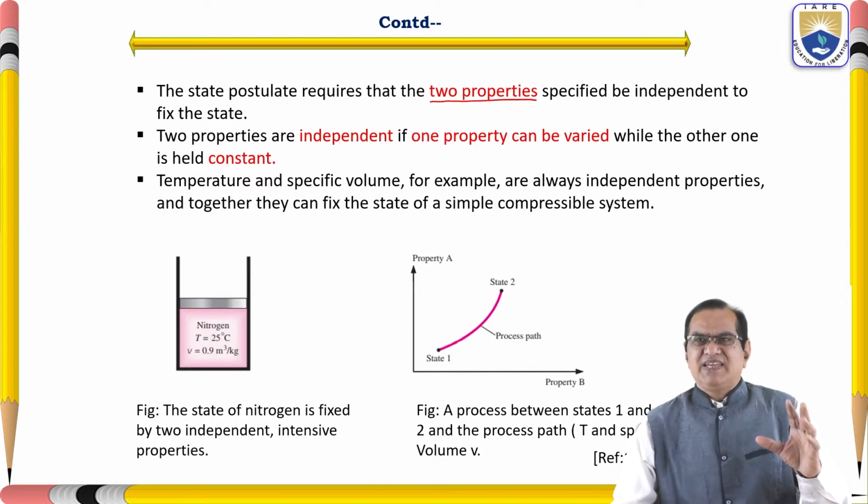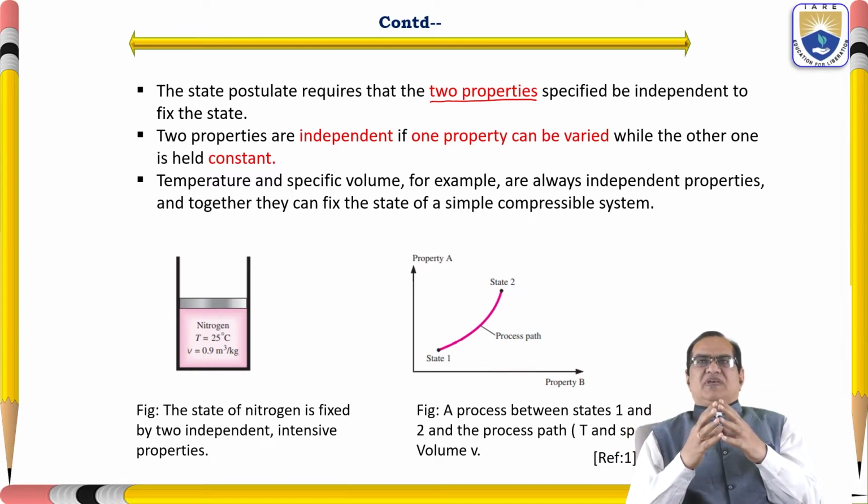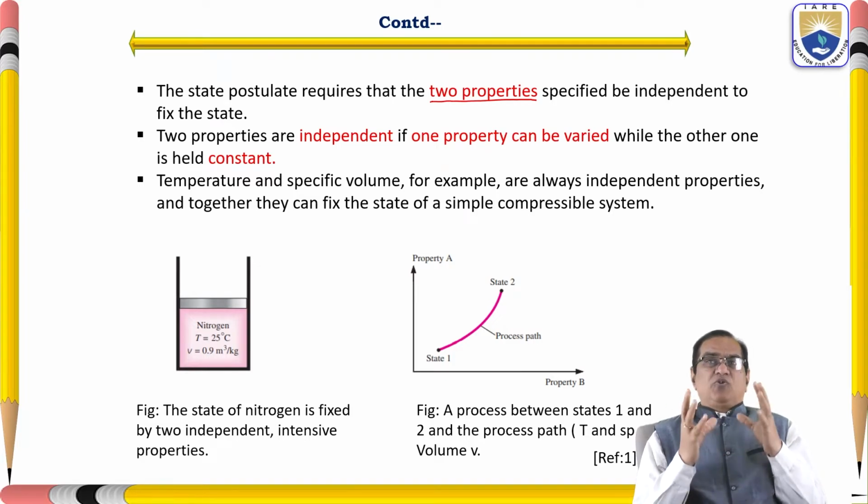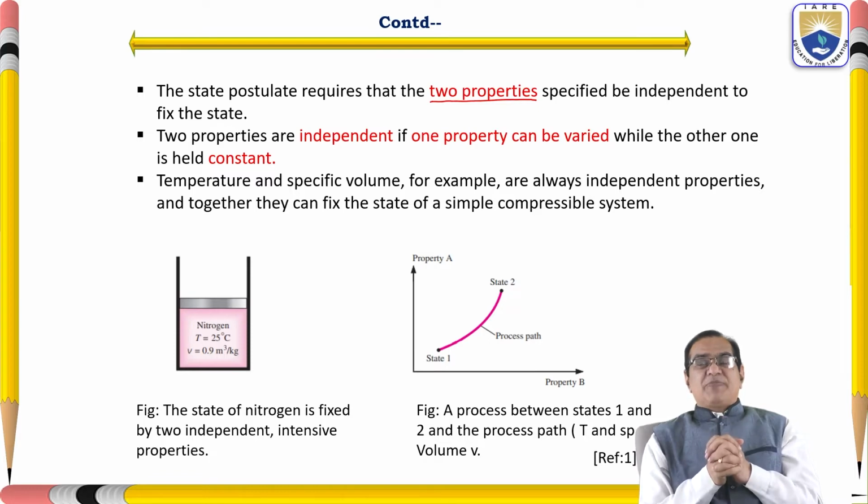So for any simple compressible system, we need two independent properties.